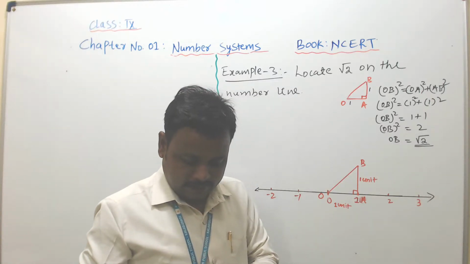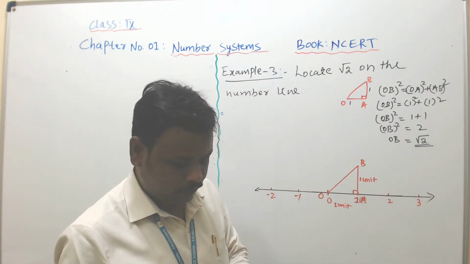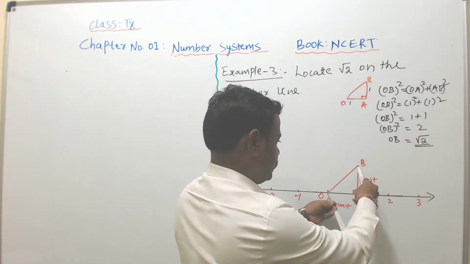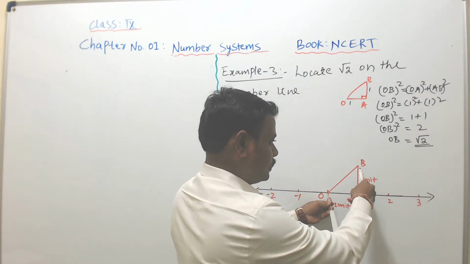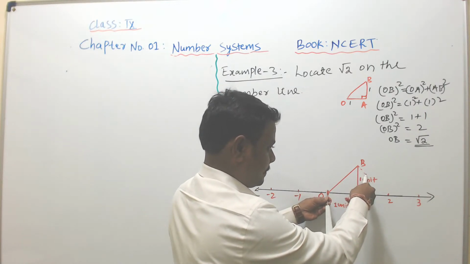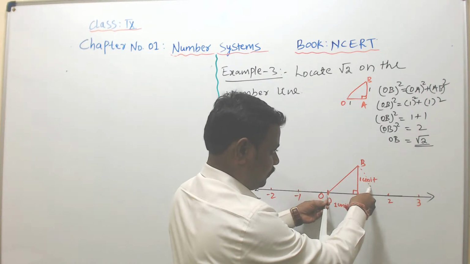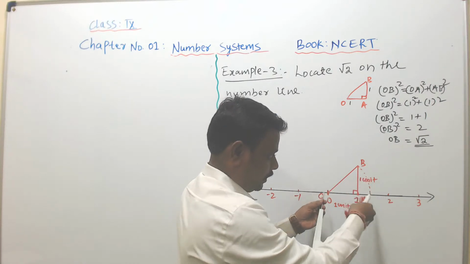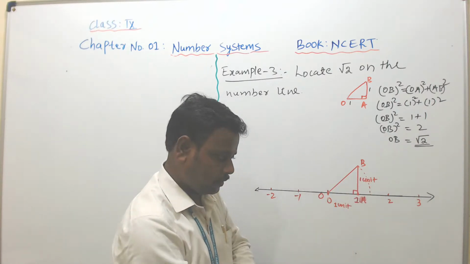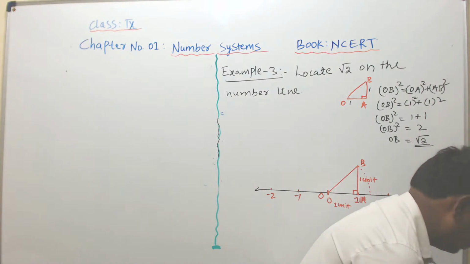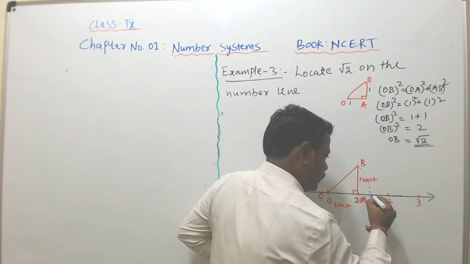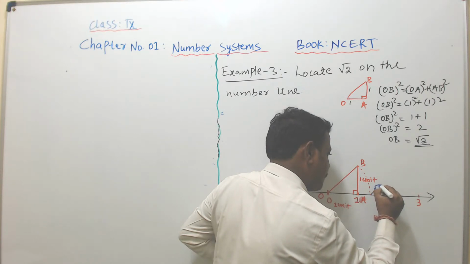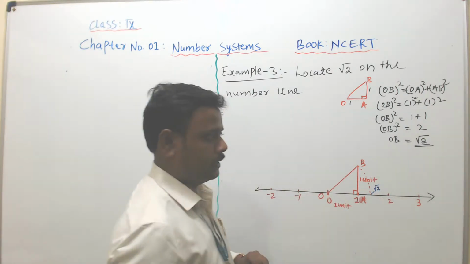Just I'm explaining in general that we have to take this measurement O to B, and cut that measurement, the measure of this OB, on that number line. And this is root 2 on the number line.